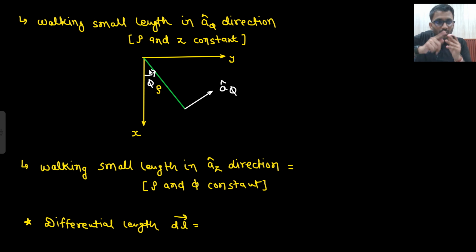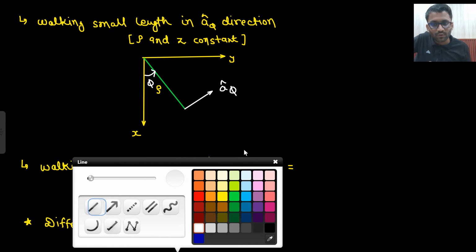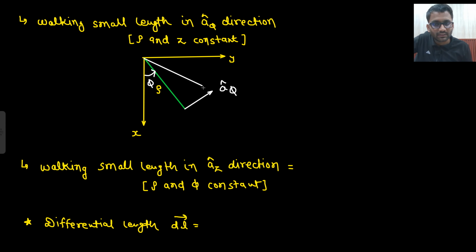If I am working a small length in the phi direction, that means my angle will change from phi to phi plus delta phi. Say yes or no? Rho will be the same. If this length is rho, the same length I am working. Just the phi has changed to phi plus delta phi.